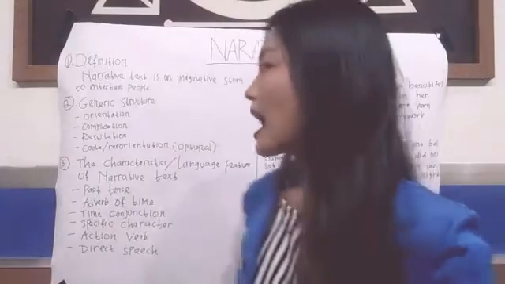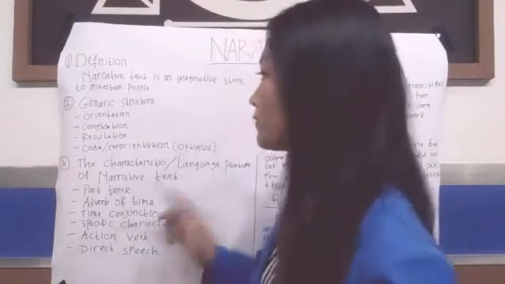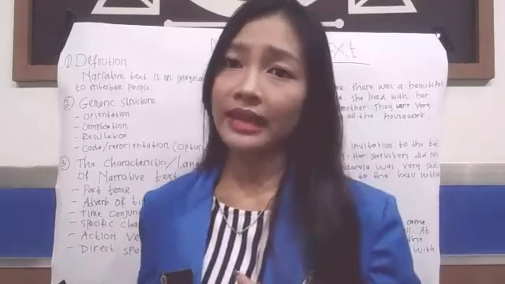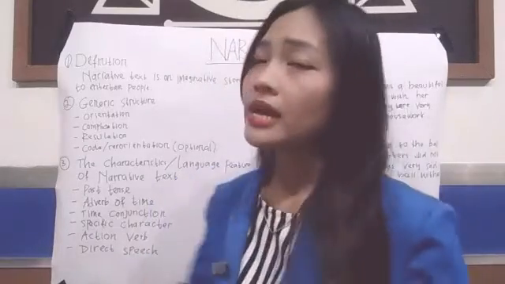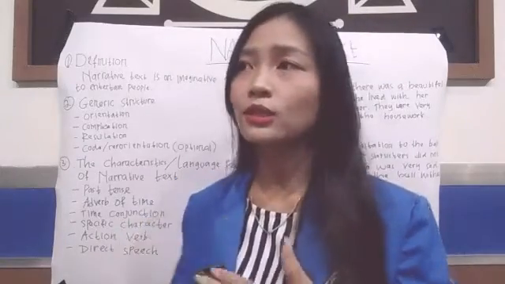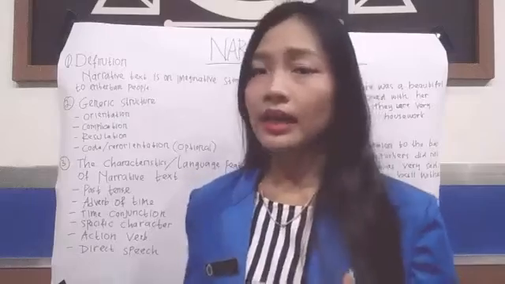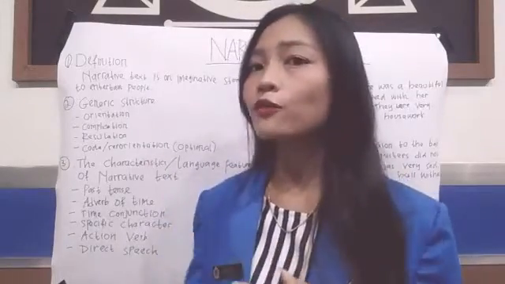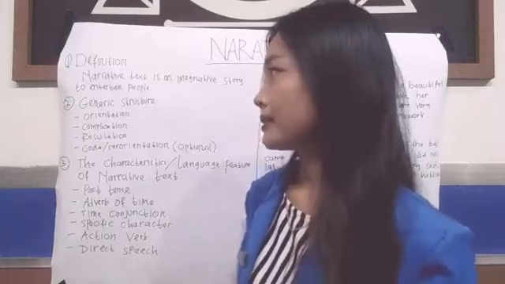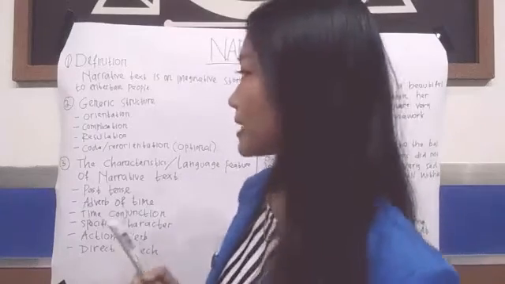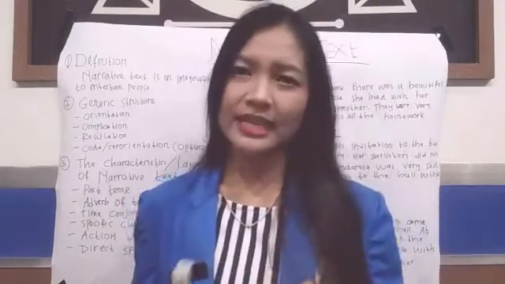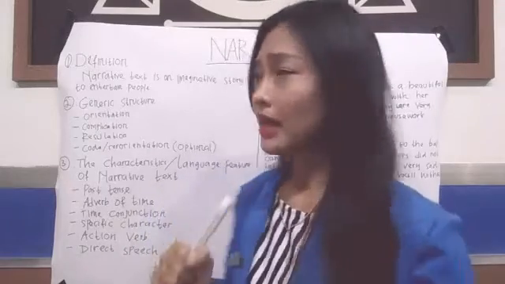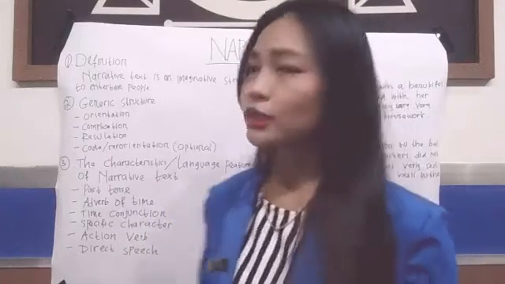Okay, next. I will explain first about orientation. Orientation in narrative text is the introduction: it introduces the people, the time, and the place of the narrative text. Next, complication. Complication is about the topic of the narrative text. And resolution.